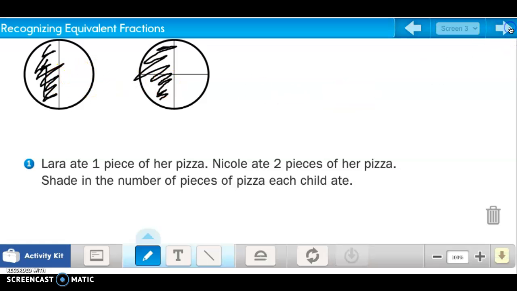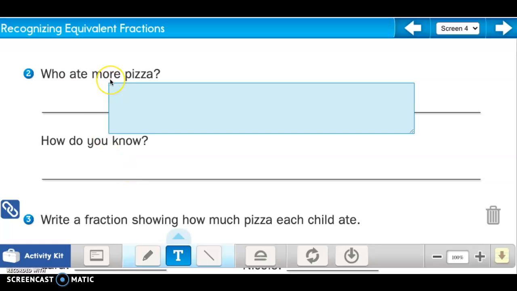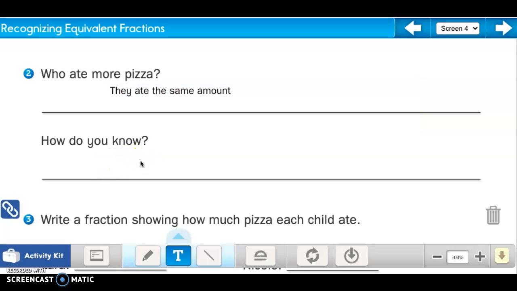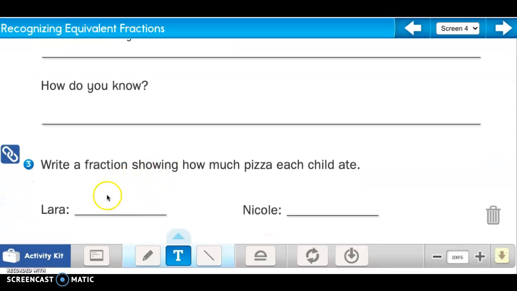So the question that you have is, who ate more pizza? Are you thinking about it? Well, they ate the same amount. So, how do you know? Because the amount is the same. We just talked about that. And then you're going to write the fraction. So Laura ate 1/2 and Nicole ate 2/4.